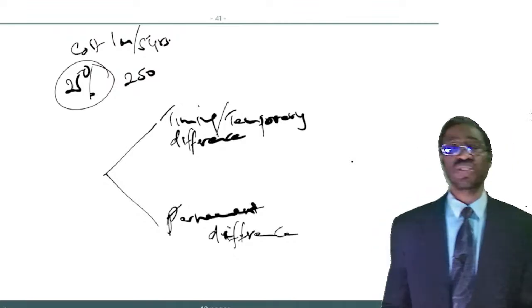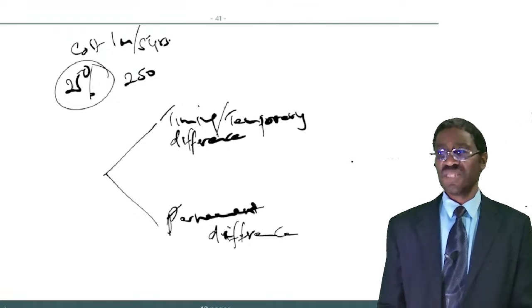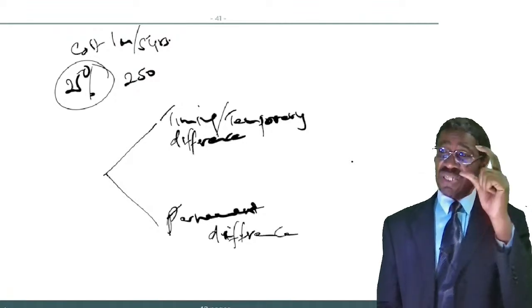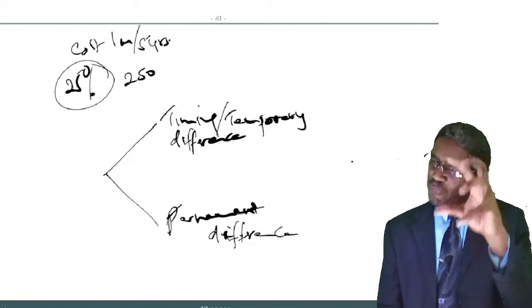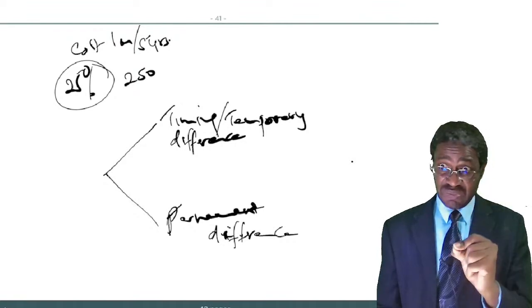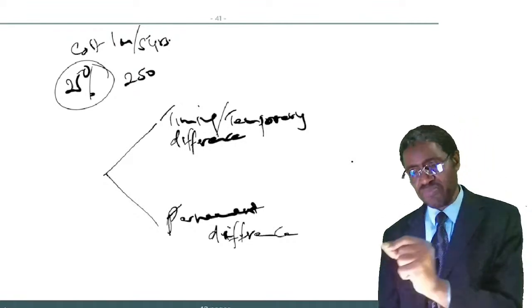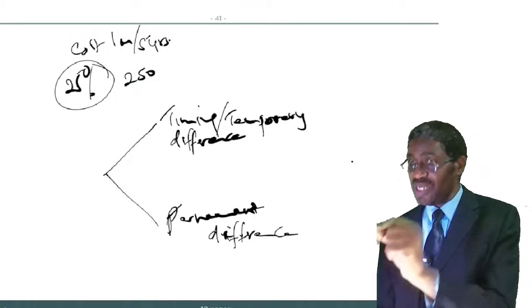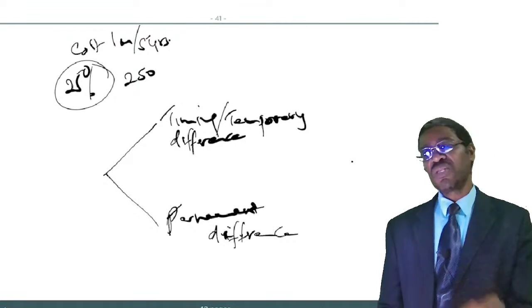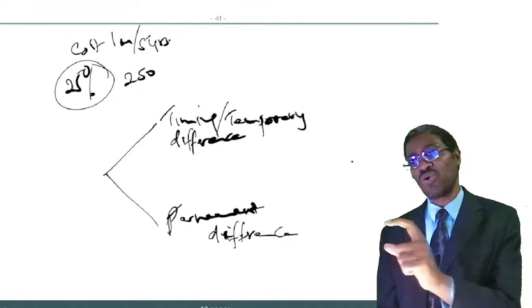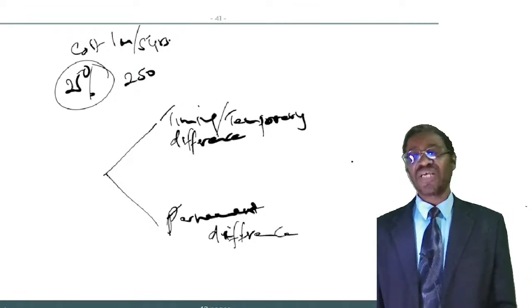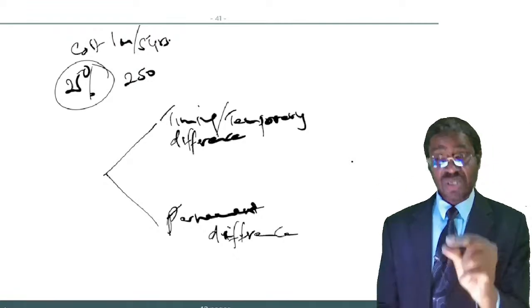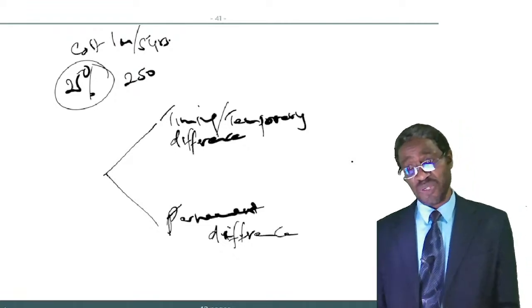Then you say this, put a dash. These are items in the income statement in a period different from the period in which they are recognized for tax purposes.